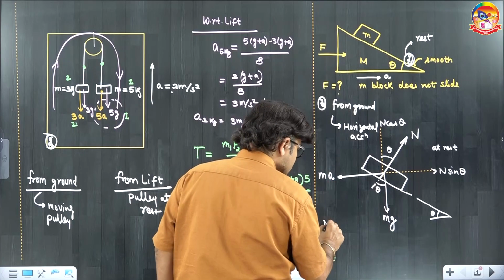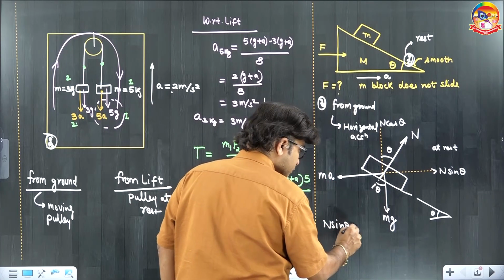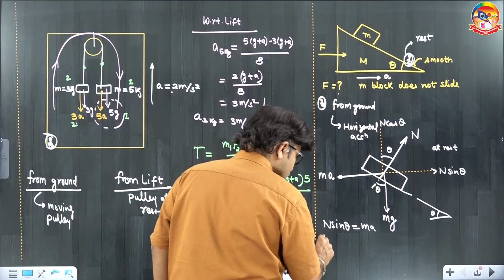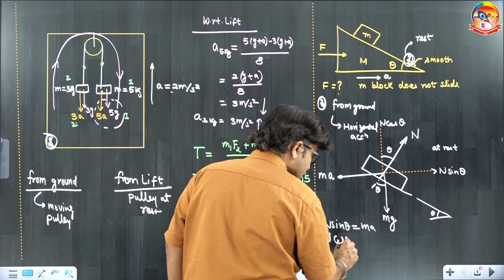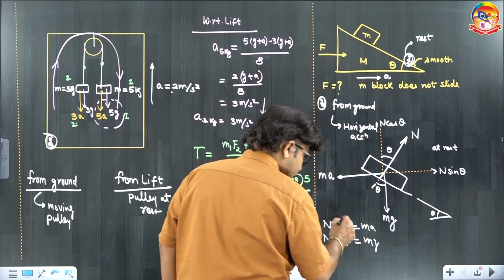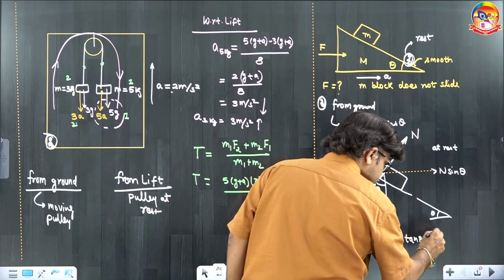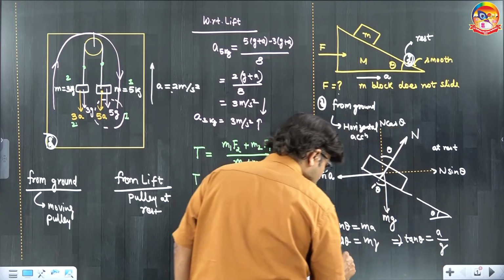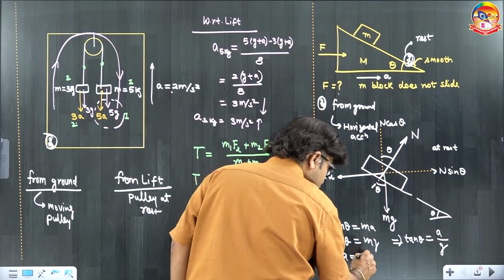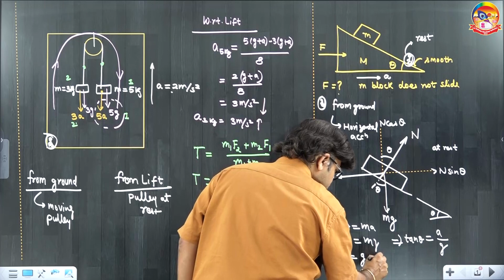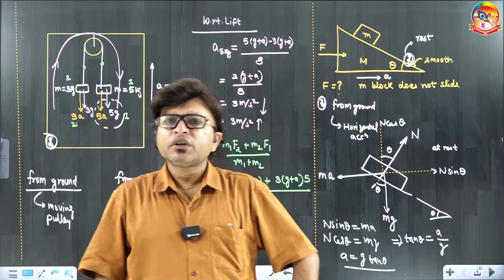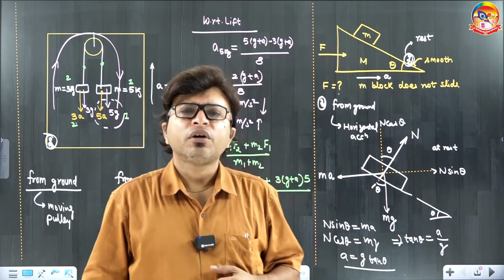Now N sin theta will be equal to what? M into A. And N cos theta will be equal to M into G. If I divide both, I will get tan theta equals A by G, or A equals G tan theta. Very common problem, but this is a way of dealing with such problems.